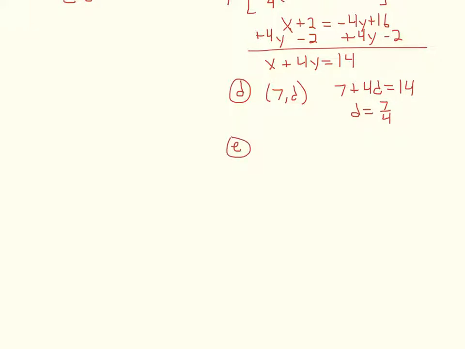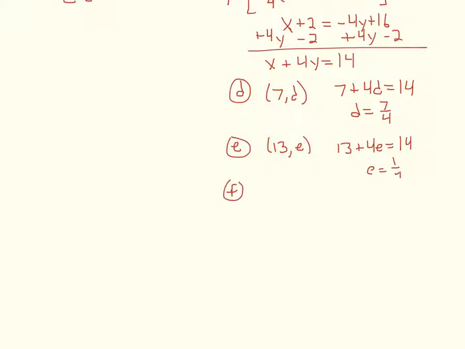So for part E, we have our point 13 comma E. So 13 plus 4E is equal to 14, which tells us that 4E must be 1, which tells us that E must be 1/4.